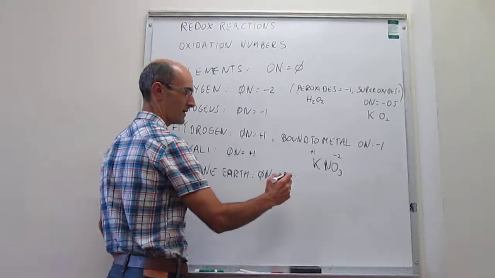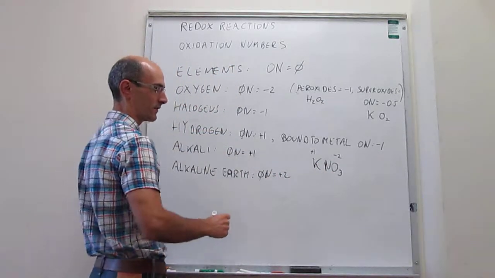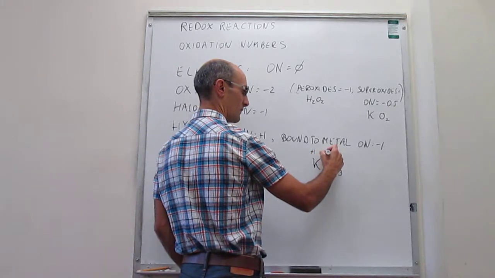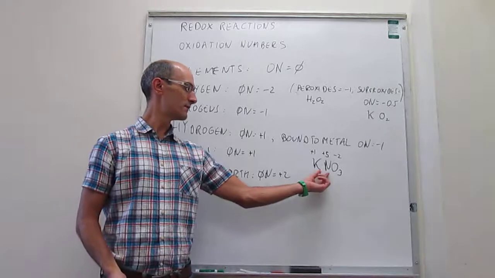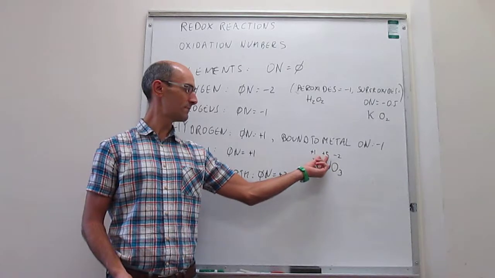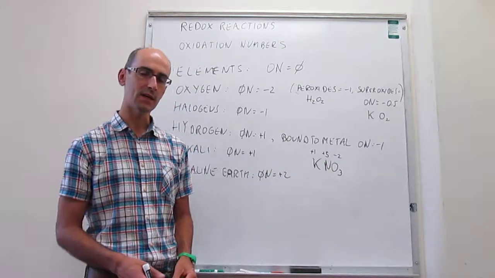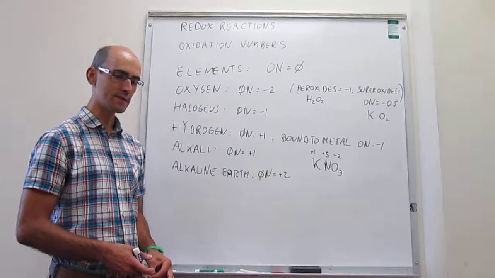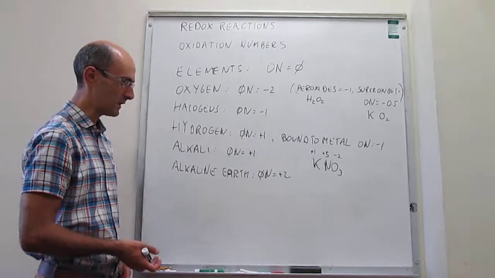In order to make that 0 and agree with the neutrality of that compound, the oxidation number of nitrogen has to be equal to +5. Then the positive oxidation numbers add up to +6, and you have 3 times -2, which is -6. +6 with -6 cancels out, which is exactly what you want. Those are the oxidation numbers in potassium nitrate.